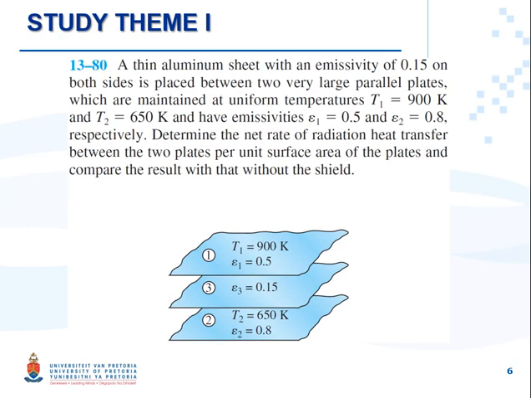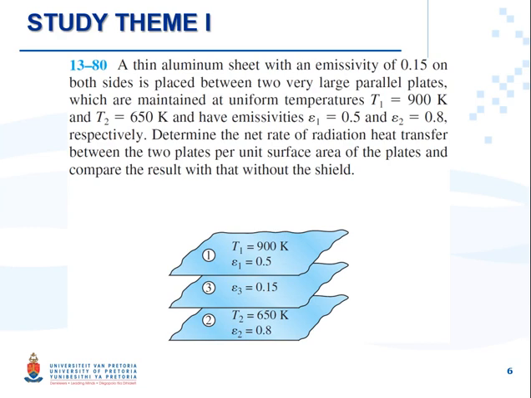So in this example, the top side and the bottom side of the shield have the same emissivity. We have two very large parallel plates. We have their temperatures: T1 is 900 Kelvin, T2 is 650. We have the emissivities for each of those surfaces.